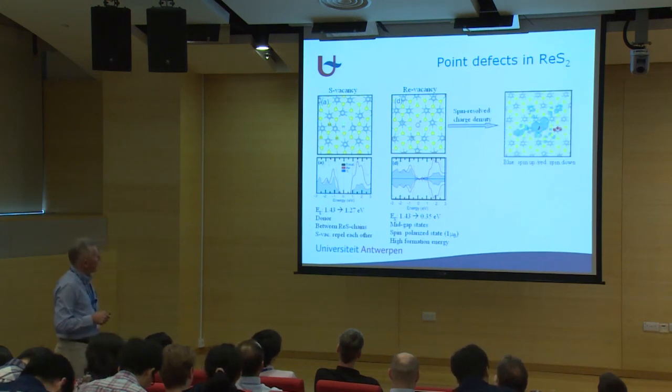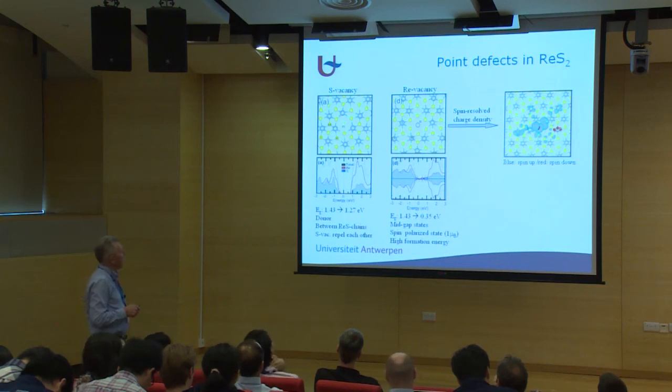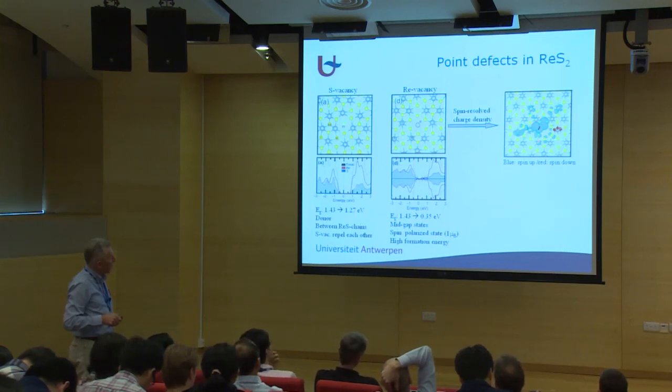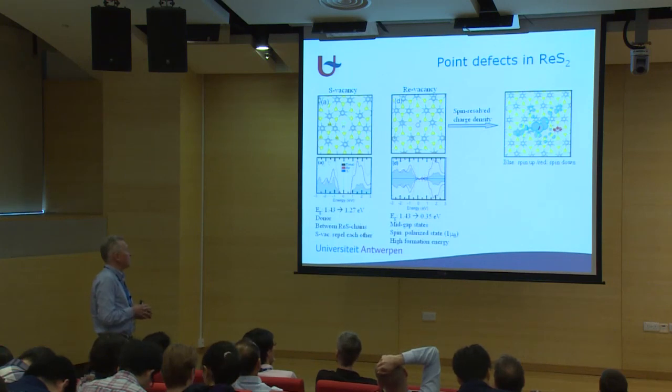Now, where is the magnetism located? So you see this here is the rhenium vacancy, and this is spin up and the red is spin down, and most of the spin polarized states are connected with the sulfur p atoms.